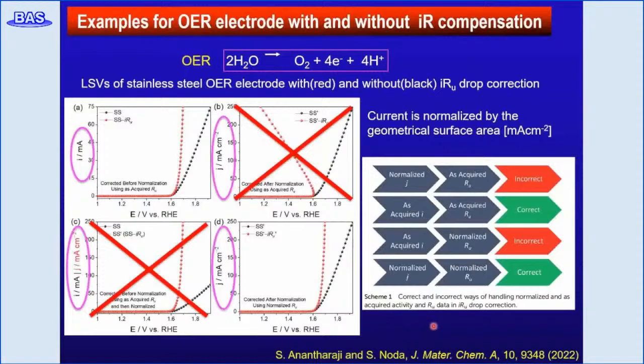And this is a scheme to obtain the correct data. And these B and C are a bad data set.